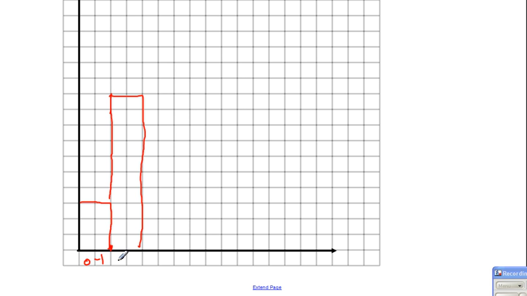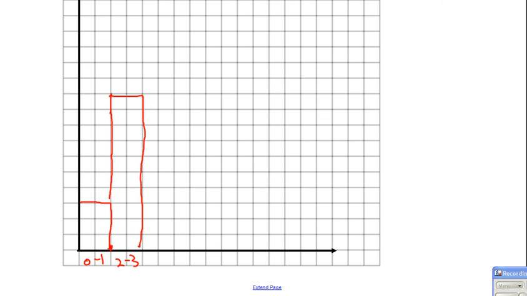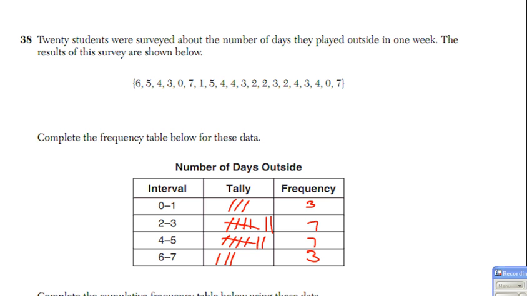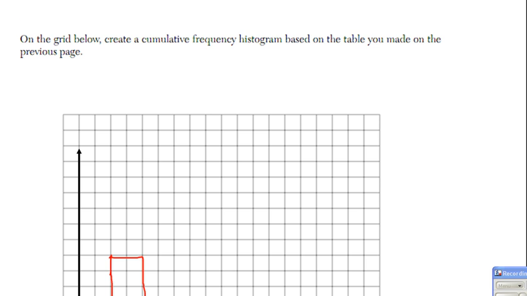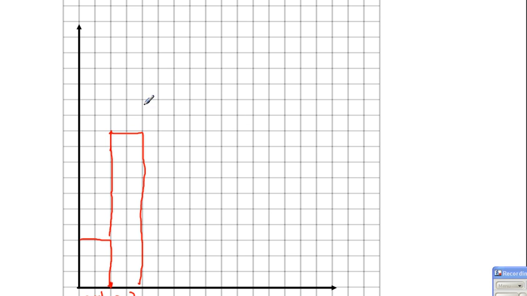So 0 through 1, 2 to 3, cumulative. Now next one is 7. We have to go up by another 7.